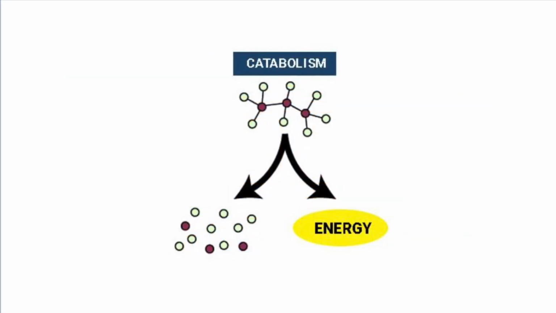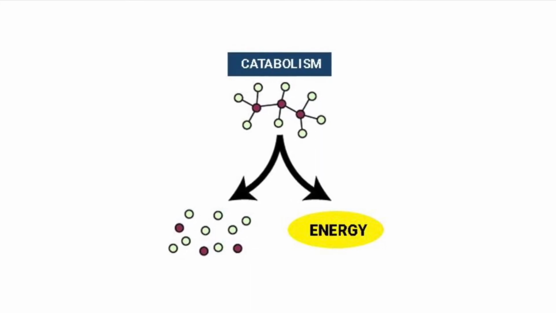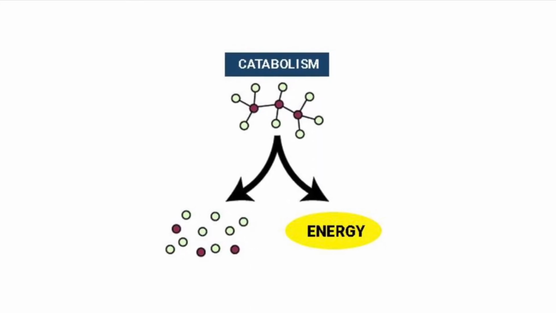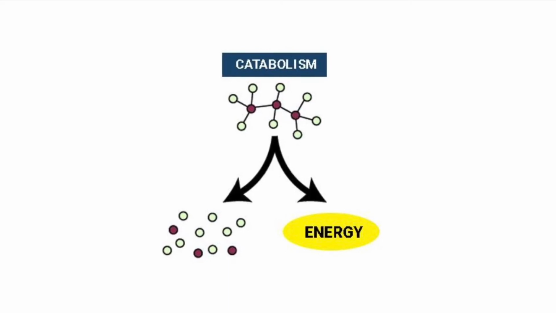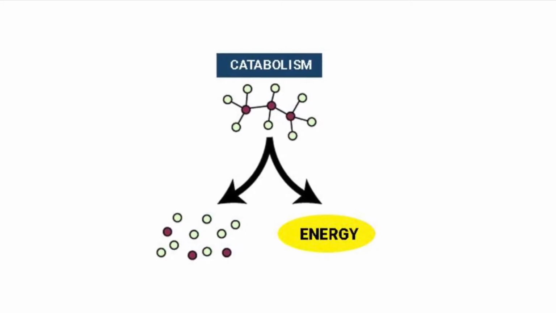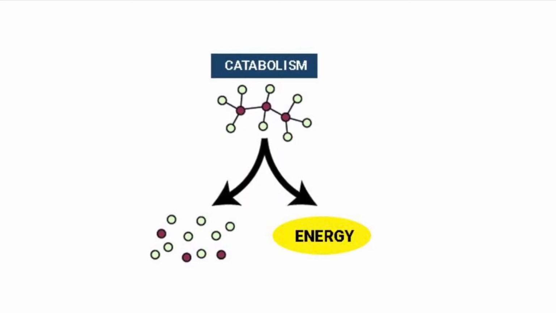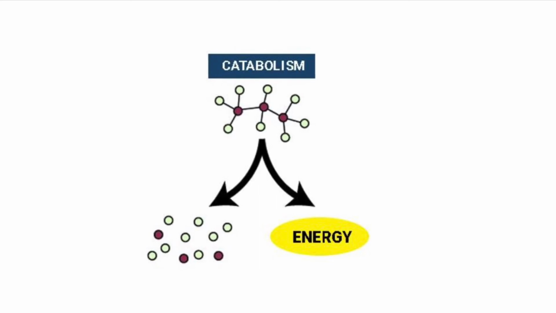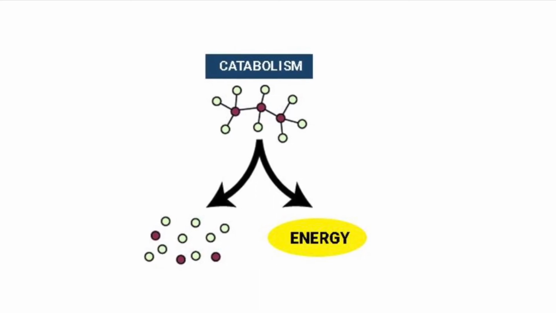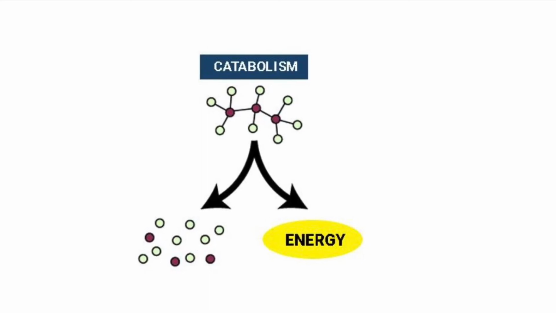The last thing I would like to talk about are the two kinds of activities going on at the same time involving metabolism. The first one is known as catabolism, also called destructive metabolism, because it's the breaking down of large molecules, like this one as you can see in the picture, into smaller molecules to get more fuel, which is the energy for our body.